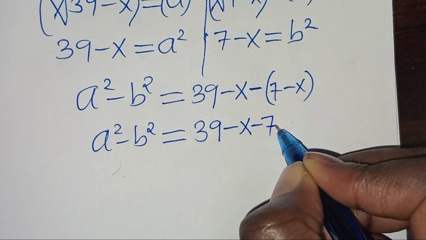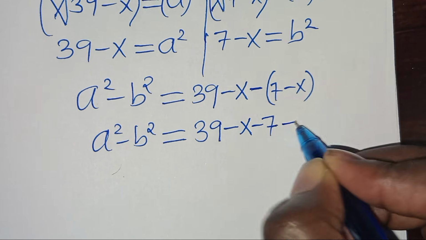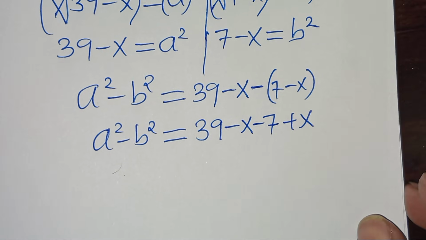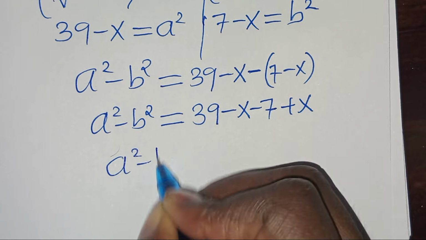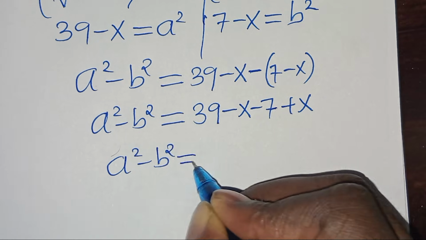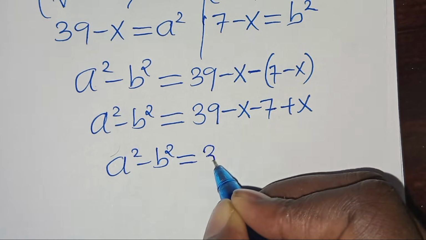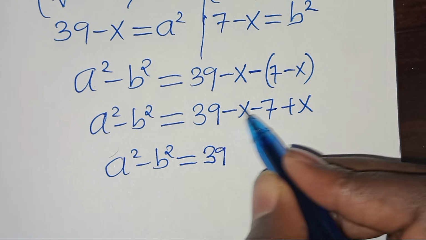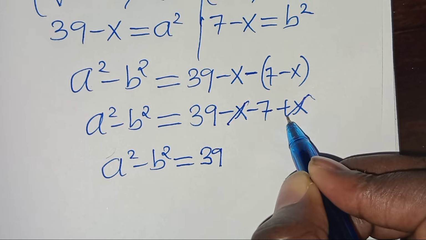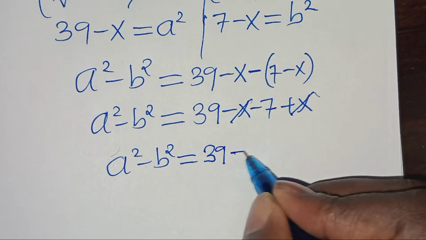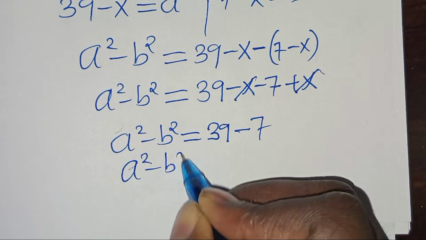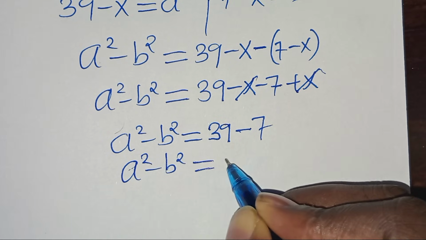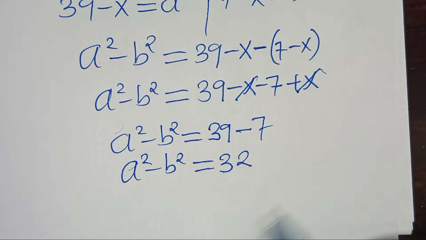We have minus 7, and minus times minus x is plus x. So we have a squared minus b squared equal to 39, minus x plus x simplifies, so we have 39 minus 7, and this means that a squared minus b squared is equal to 32.